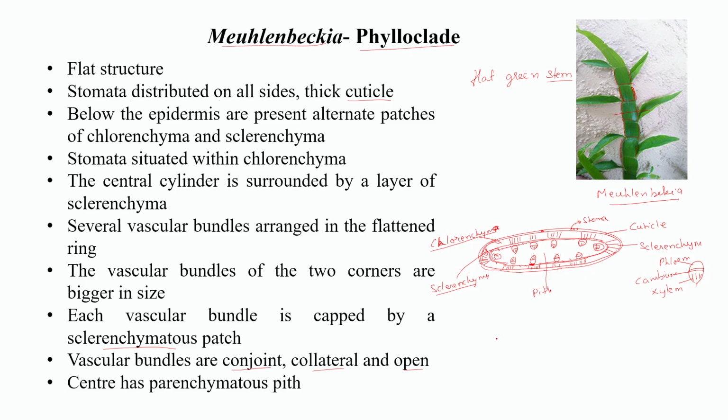Now if you draw the cellular diagram, you can easily draw it. You draw a cuticle here, then you will have a stomata here, then you will have chlorenchyma and then thick walled sclerenchyma.